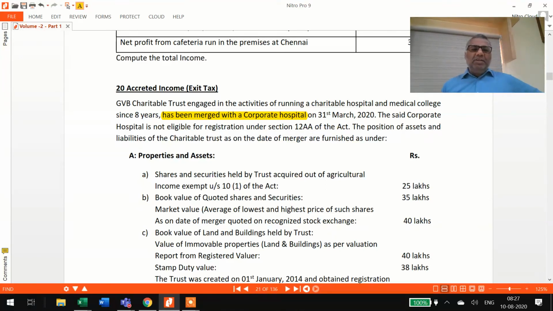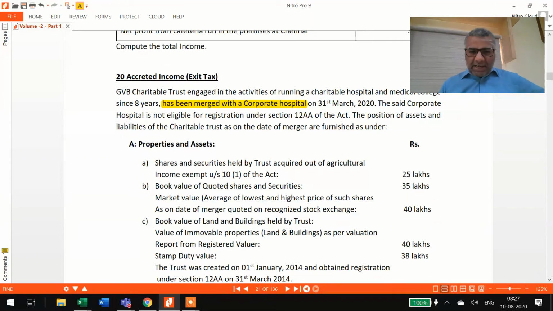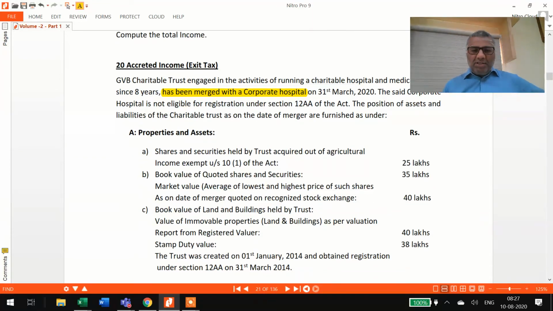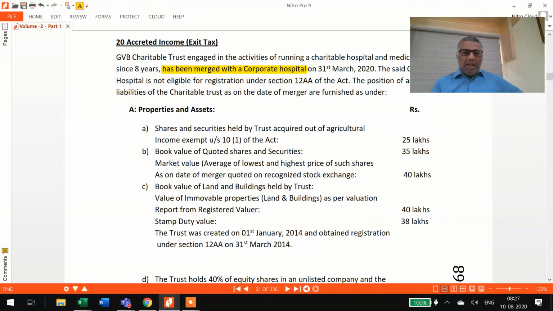The said corporate hospital is not eligible. The position of assets and liabilities of the trust on the given date: shares and securities held by the trust acquired out of agricultural income; book value of quoted shares and securities; market value, average of lowest and highest price of such shares as on the date of merger, quoted, is 40 lakhs.